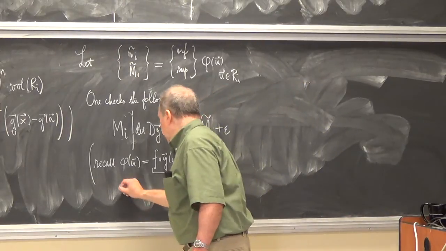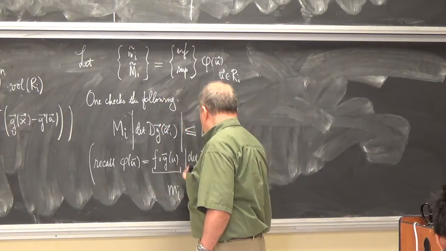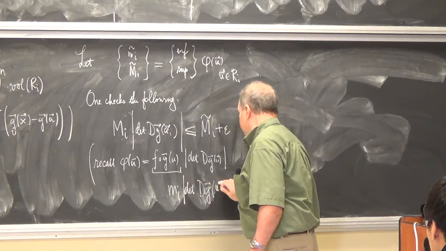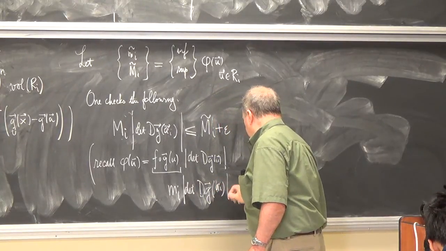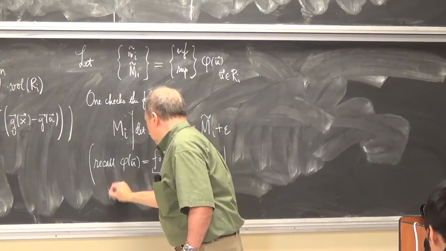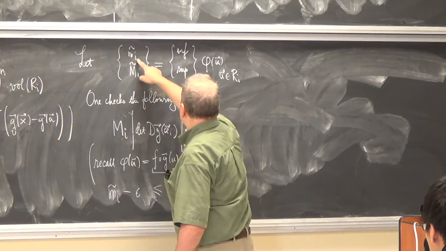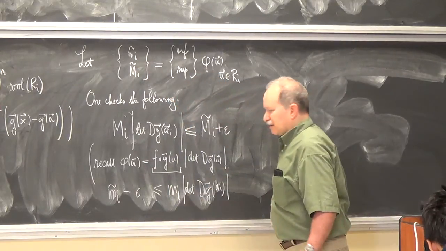Similarly, the minimum times the absolute value of the derivative at the center is greater than or equal to the minimum of phi minus epsilon.